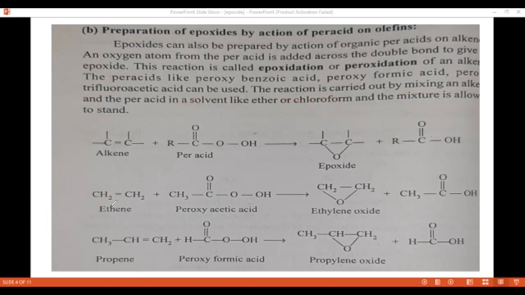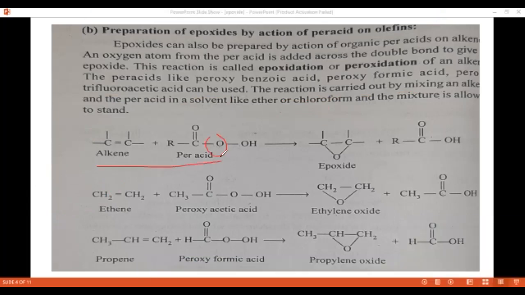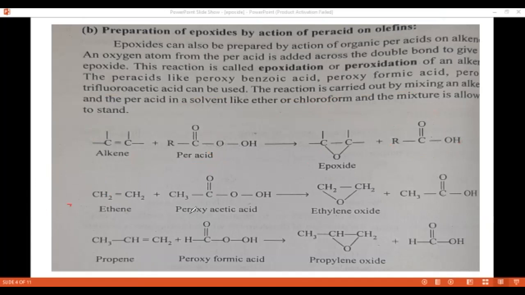Now there are some examples. In the first example, an alkene reacts with a peracid. One oxygen is attached across the carbon-carbon double bond to give the epoxide, and the remaining part is the acid RC double bond OH. Now another very simple reaction: CH2 double bond CH2, ethene, reacts with peroxyacetic acid CH3 C double bond OH.